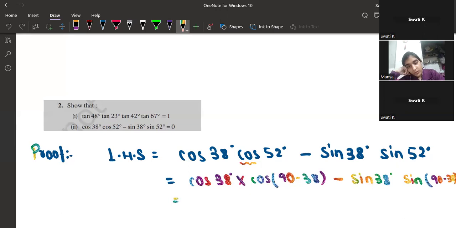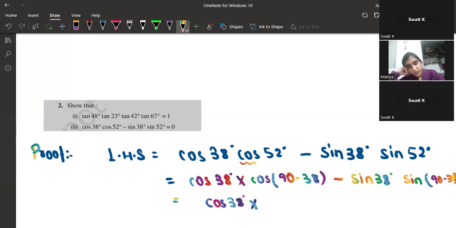52. Cos 38 as it is, cos 38 into, what is cos 90 minus theta? Cos 52. Cos 90 minus theta formula. यहाँ पे साइन आप माइनस करके तो फिर हम वापस से उसी स्टेप पे चले गए. यहाँ पे you have to use the formula.